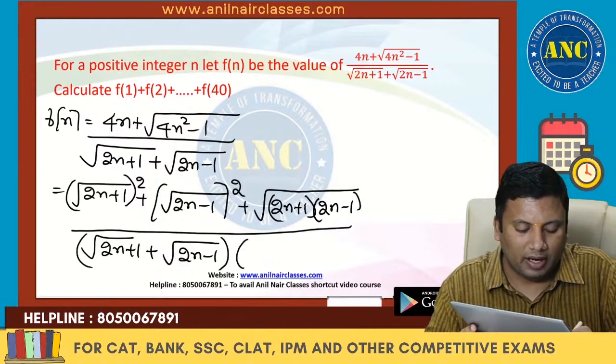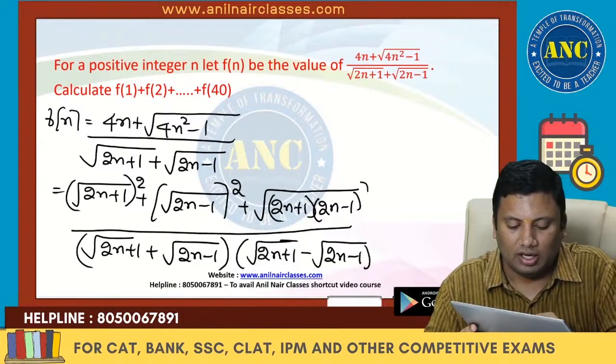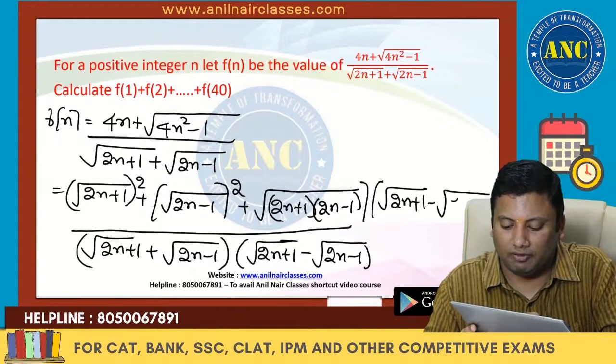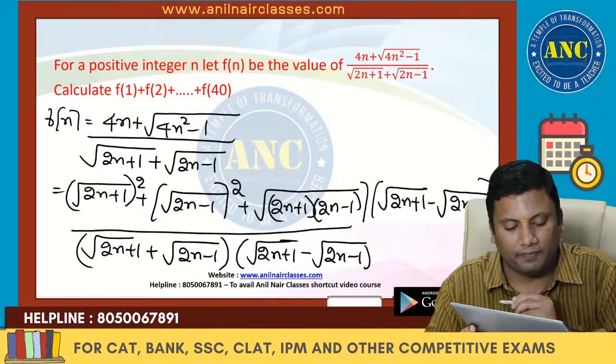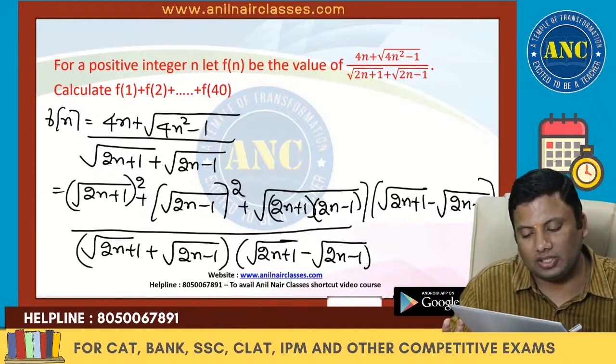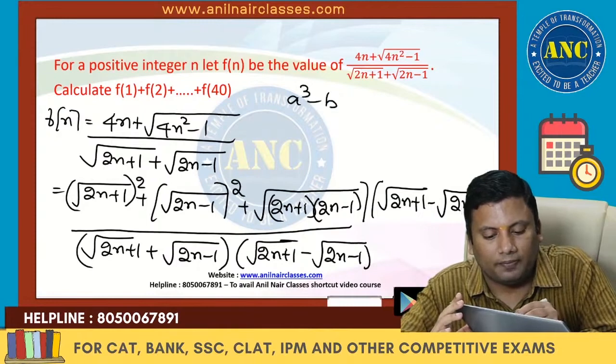If I multiply it with root of (2n plus 1) minus root of (2n minus 1), this is a minus b into (a square plus b square plus ab). This is nothing but a cube minus b cube.